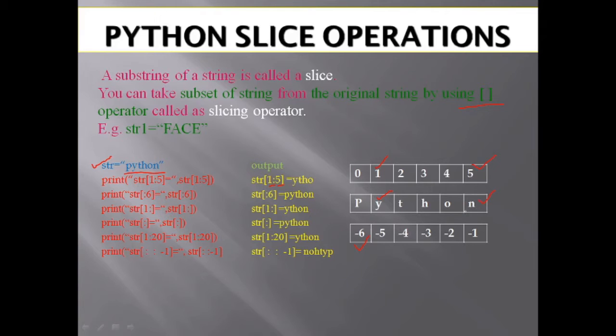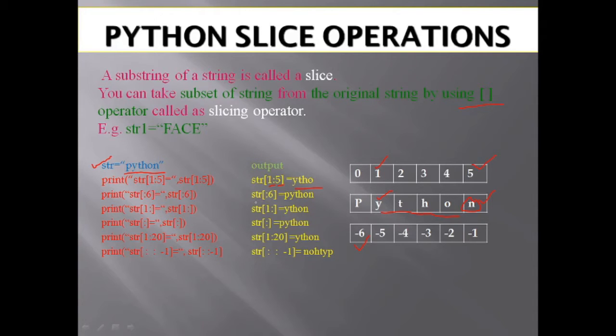That means we have to exclude this fifth position when reading this string. So the output is the first, second, third and fourth index values. We exclude the fifth index position in a slicing operation. So our output will be YTHO.